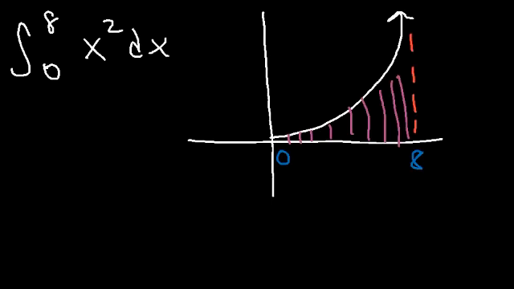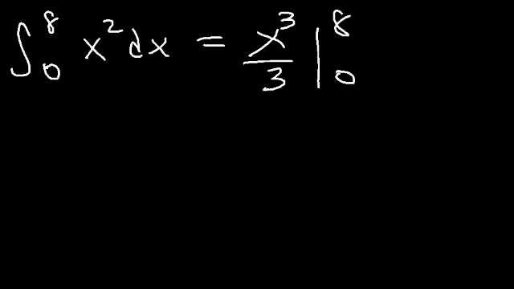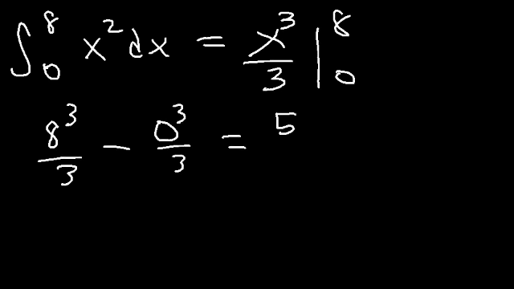So first, let's find the exact answer. To find the exact answer, integrate the function. So this is going to be x cubed over 3 from 0 to 8. Let's plug in 8 and let's plug in 0. 8 to the third is 512.